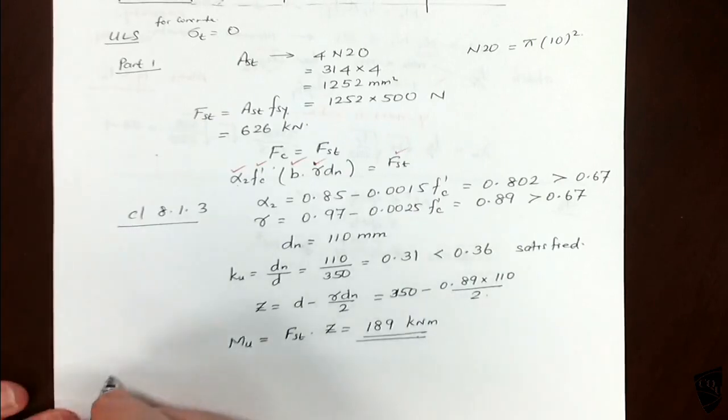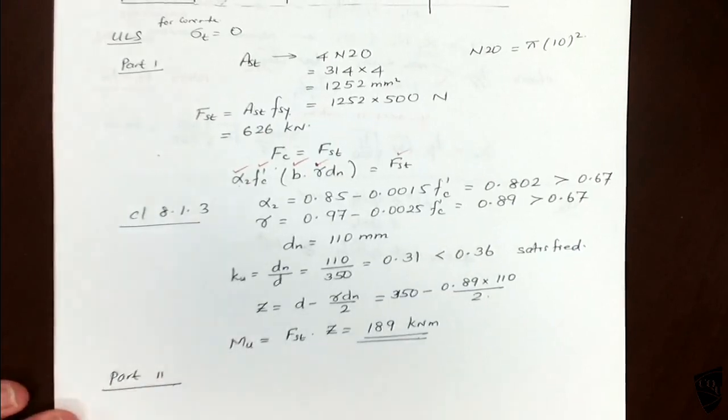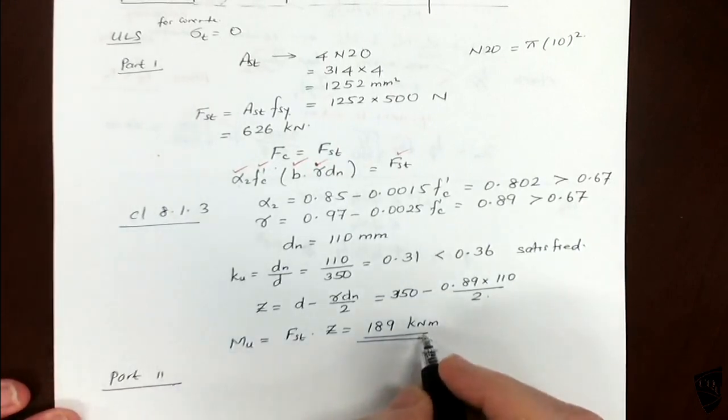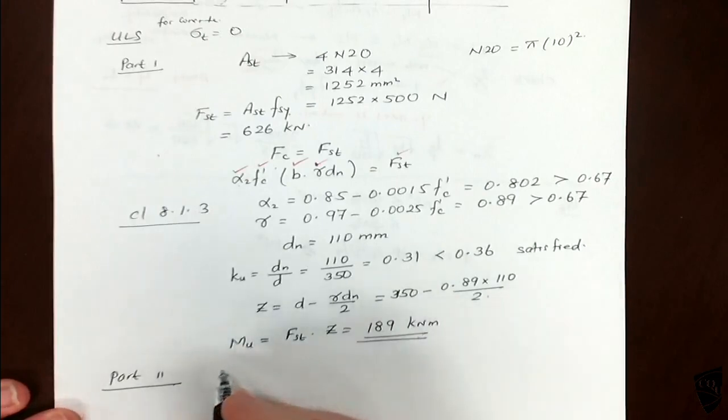Part 2 is a little bit complicated compared to part 1, because it's not mu. Here they gave M star.